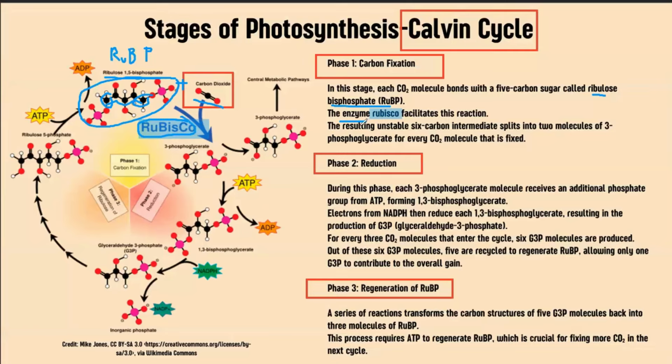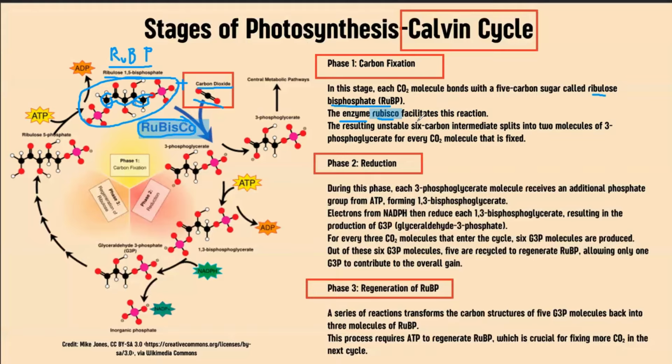We learned that in the end of Unit 2 into Unit 3, we touched upon enzymes, and if you remember, enzymes are basically lowering the activation energy and allow reactants to go to products. So our goal is to take this RuBP and the CO2 and combine them to create a reaction with the assistance of rubisco, which is our enzyme, which is going to lower the activation energy. See how it all ties in together?